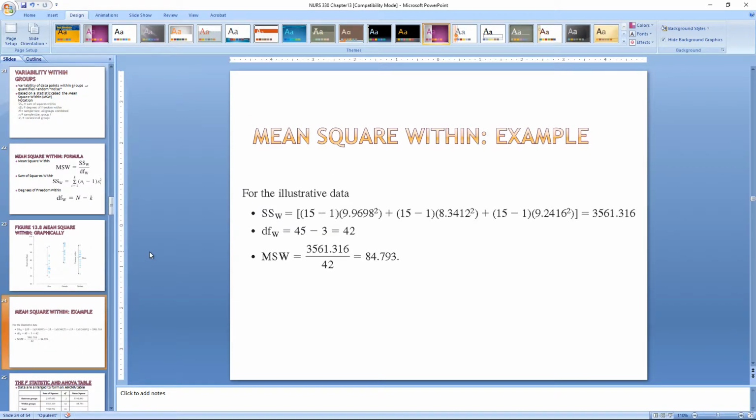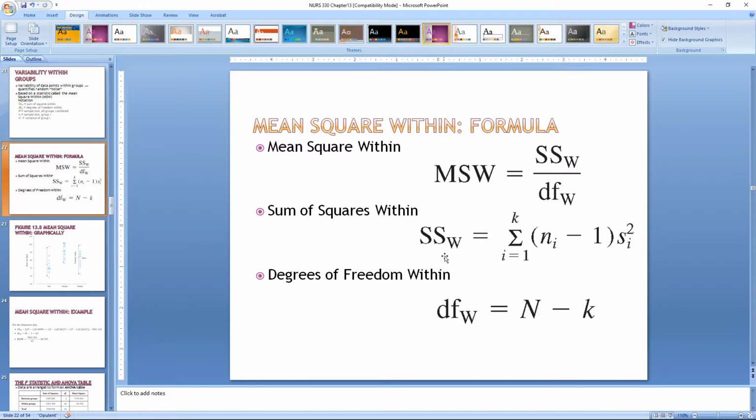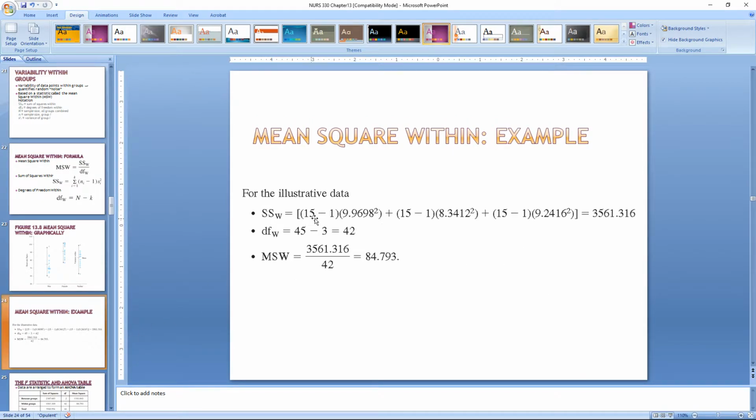So now we go to our mean squared within example. We have our sum of squares within. If we go back up to our sum of squares formula within, we have n minus 1, the number of participants in the group minus 1, multiplied by the variance of that group, s squared.